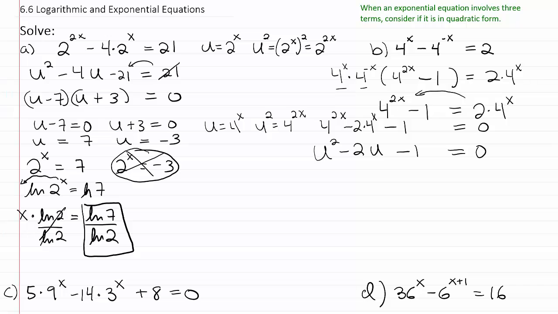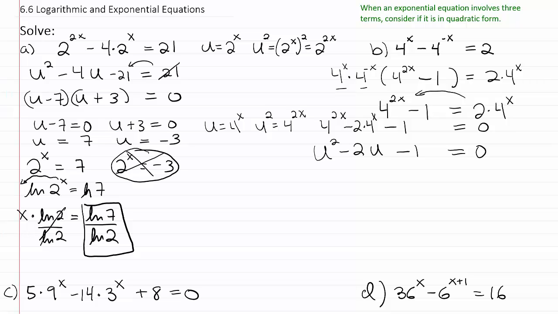All right, and then you would try to factor, but it turns out that, of course, a negative 1 here means you're looking for factors of 1 that subtract to give you 2. There are no factors of 1 that subtract to give you 2, so that means that won't work for us. We're going to actually have to use the quadratic formula on this thing.